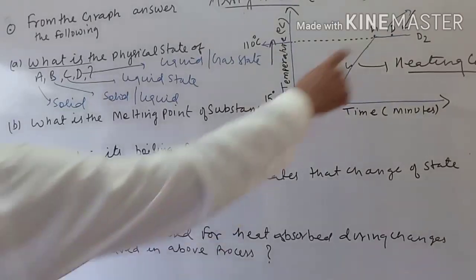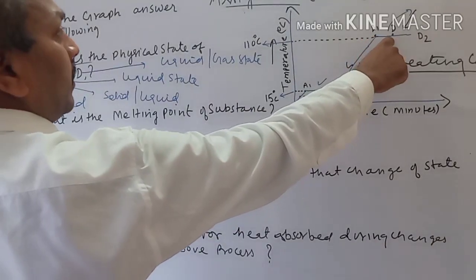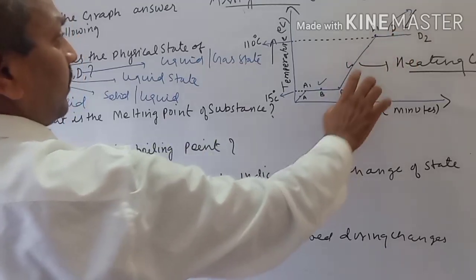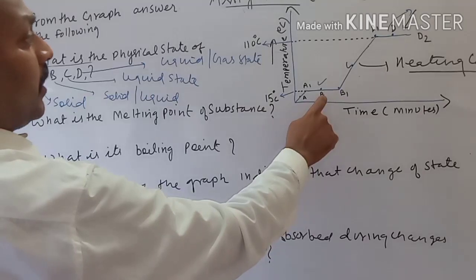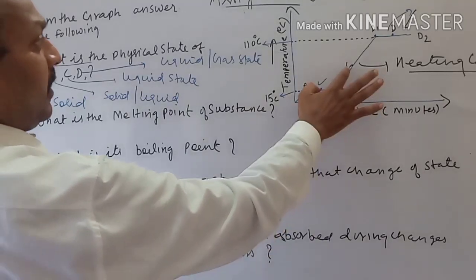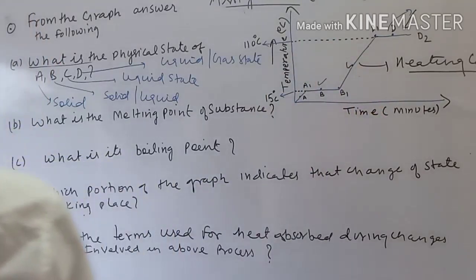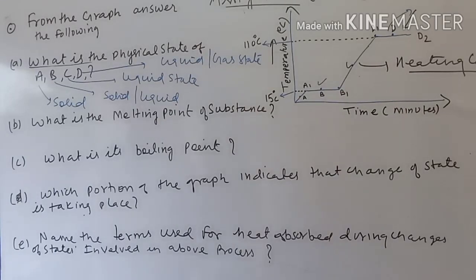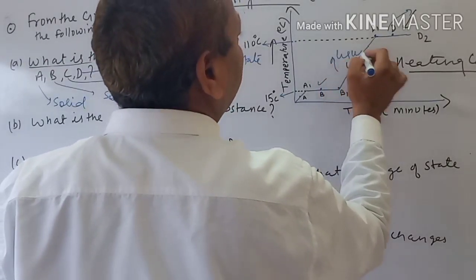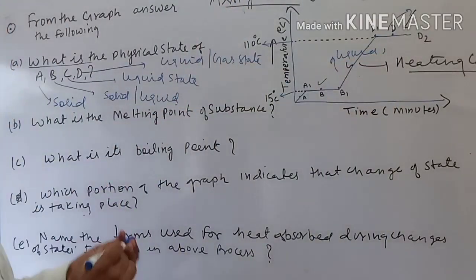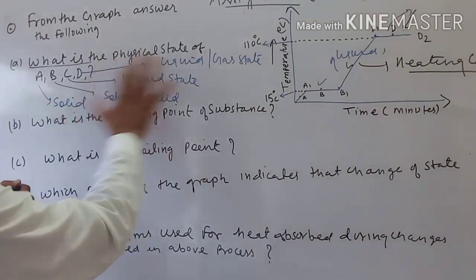D point is where it is both liquid and gas state, and here B is a solid or liquid state. Now at C point we can see it is completely liquid state. So we can write this is a liquid state. So here we have got the answers for A, B, C, D.